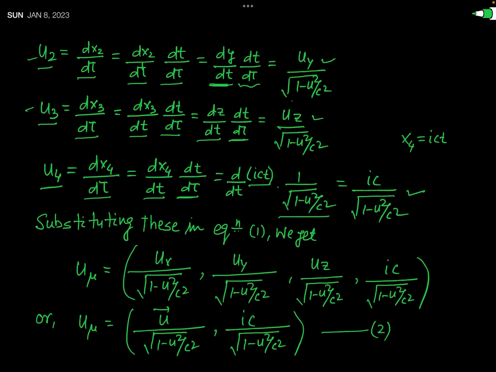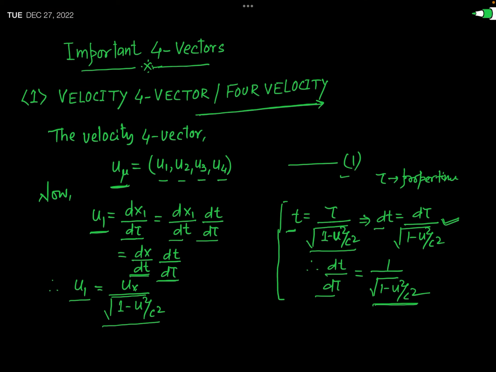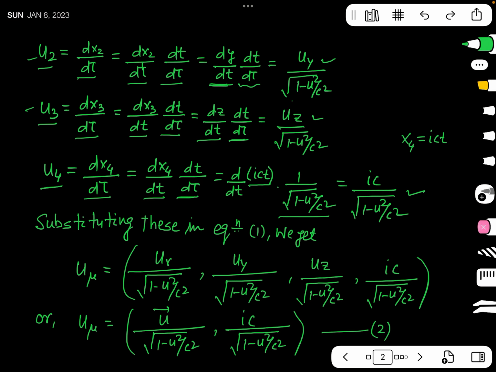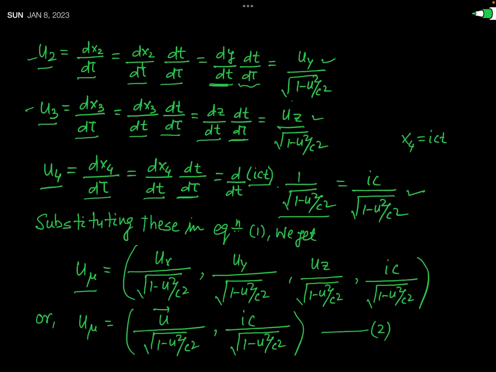Now let us substitute all these values in this equation 1, where we have defined this u mu, which is the velocity 4 vector. Instead of u1, u2, u3 and u4, you can substitute these values. So you can see u mu will be equal to, instead of u1, we will write ux by root over 1 minus u square by c square.